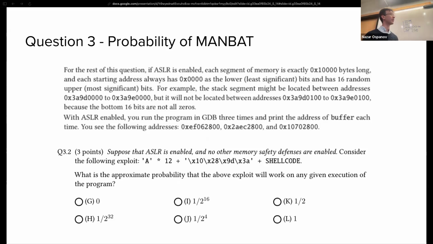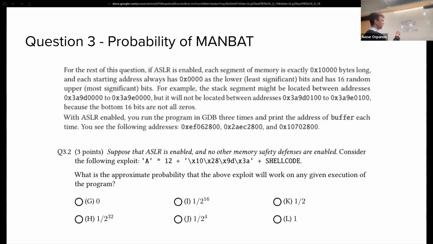The reason using x10 works is, recall that in our stack diagram, when there are no canaries enabled, we want to override RIP with RIP plus 4. We want to point into the shellcode over here. Notice that SFP is 4 bytes, RIP is 4 bytes, and then we have our shellcode.